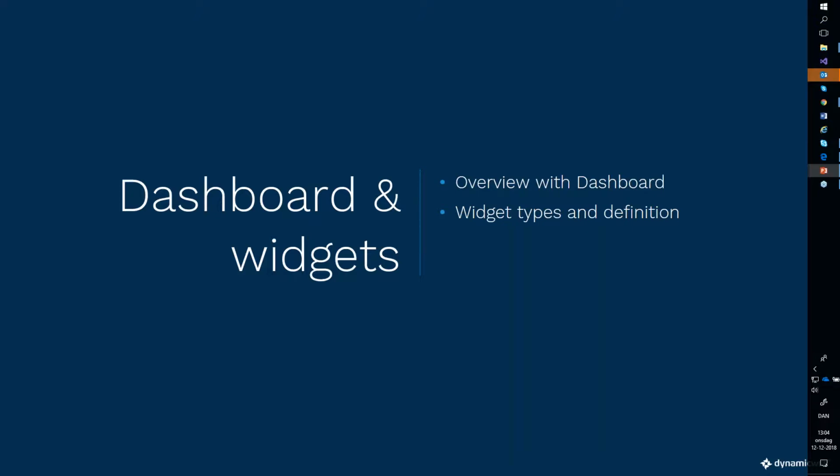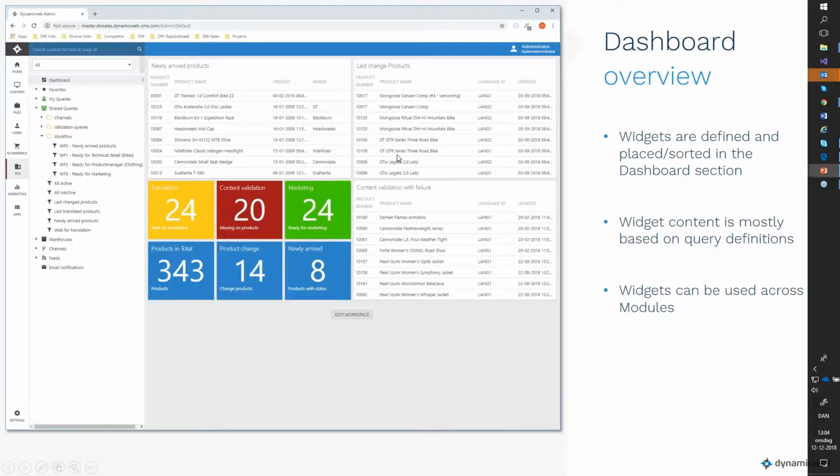Now, queries are also used for the dashboards to show the result on your personal dashboard. If you look at the dashboard, you see these list and count widgets, where, in this example, for translation, there are 24 products waiting for translation.